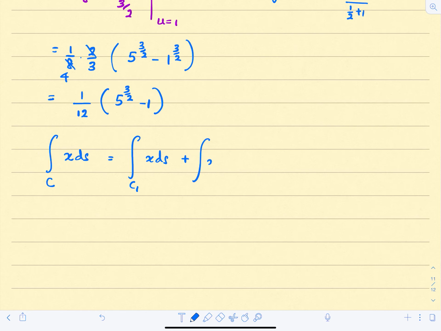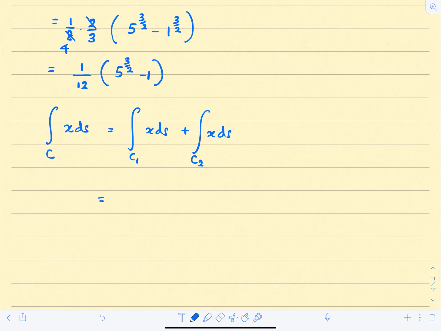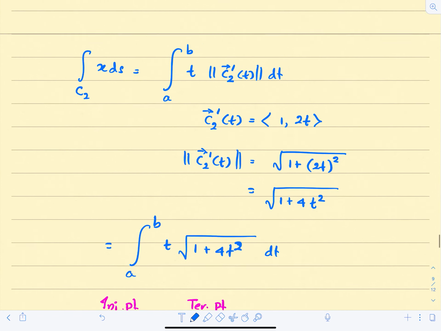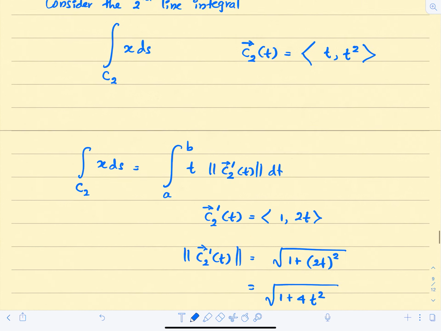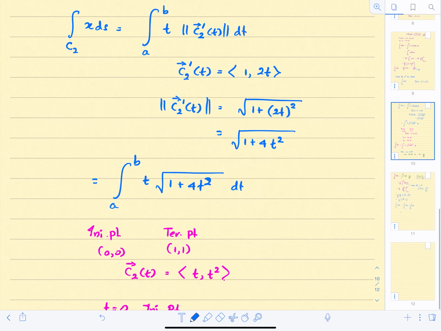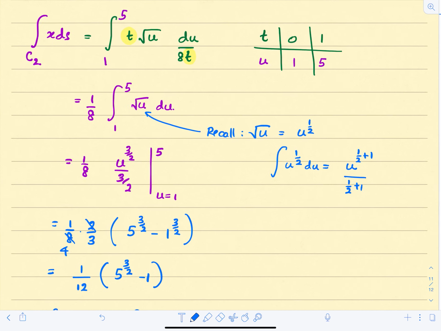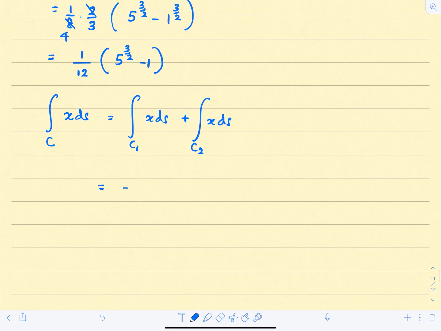The value of the first line integral was negative root 2, plus the value of the second line integral, which equals 1 over 12 times 5 to the power 3 half minus 1.